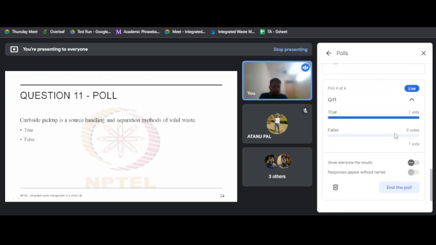So we have one response in the poll. I will wait for maybe one more minute and then we'll discuss the answer, if anyone else wants to respond.